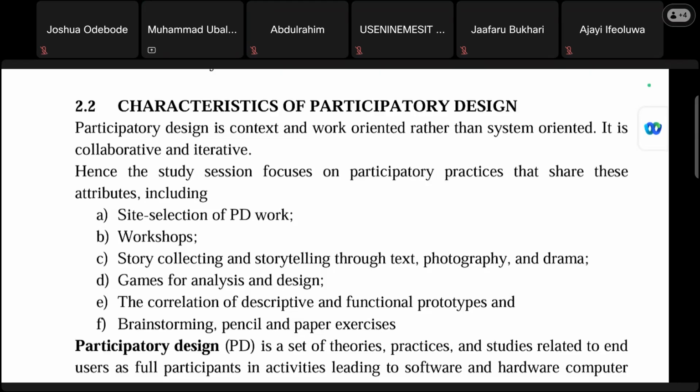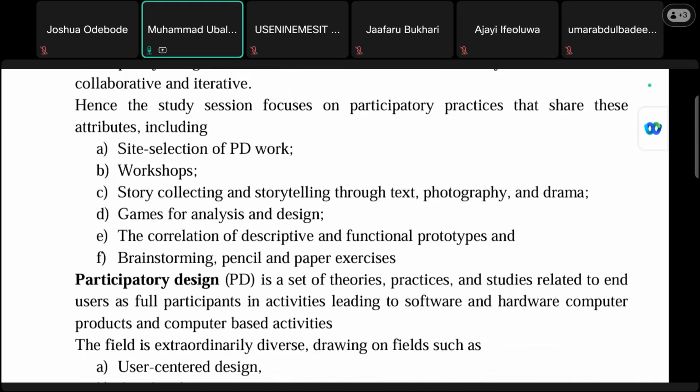When I say a loop, it means that they work until they get it done. And a particular problem is being iterated again and again until it solves the problem. So this is something about participatory design.